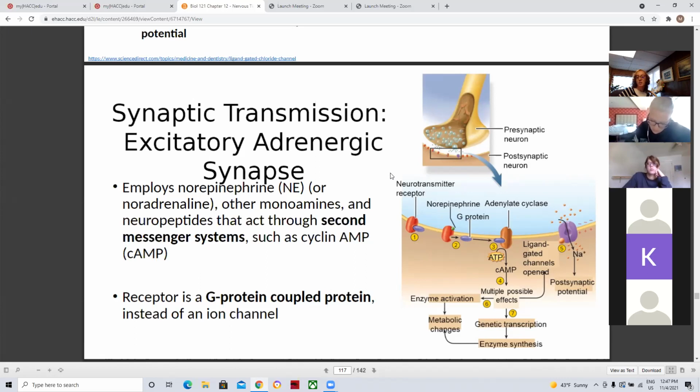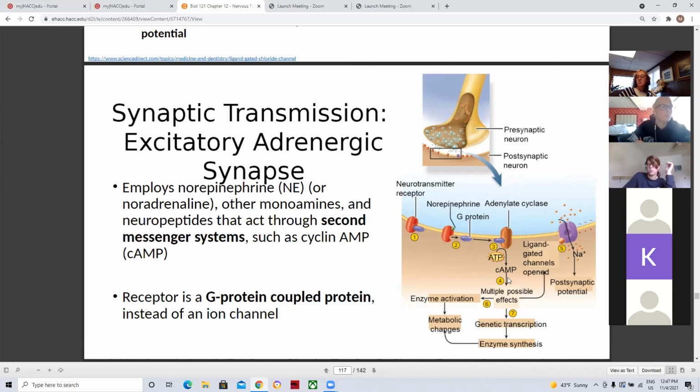So the neurotransmitter receptor binds to a ligand. The ligand, when it binds, activates the G protein that's attached to this receptor. This G protein then goes along and activates an enzyme called adenylate cyclase, which converts adenosine triphosphate to cyclic adenosine monophosphate, or cyclic AMP.